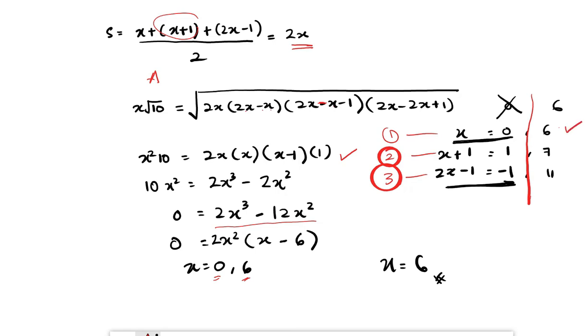Okay. If we substitute 0 in the second length, x plus 1, 0 plus 1, we will have the length equal to 1. If we substitute 6, we get 7. But the third length, which is 2x minus 1, if we substitute 0, we will get negative. So, therefore, x equal to 0 is not the answer.